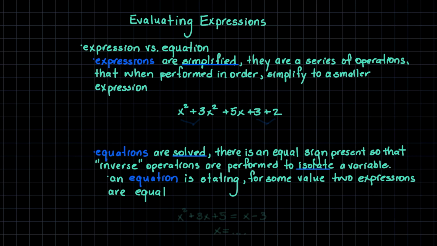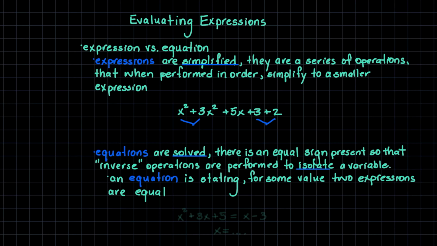I can combine some like terms. These can be combined. These can be combined. And then when I'm done combining, I'm just left with a smaller expression, a more simplified expression.